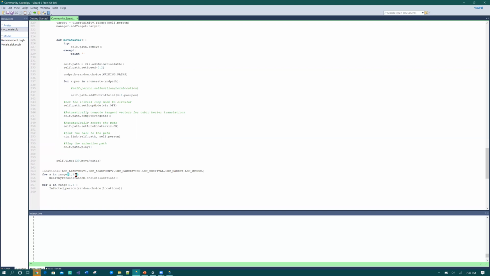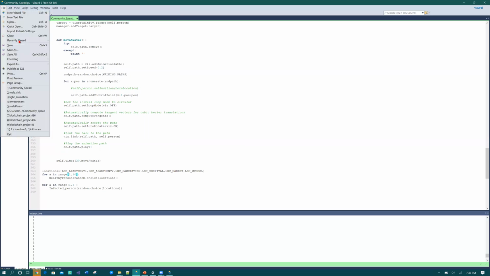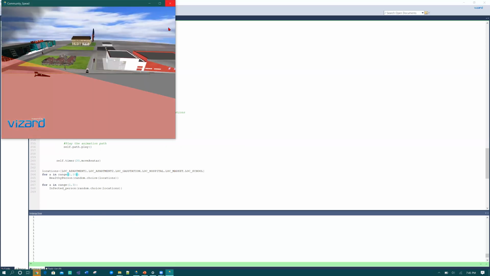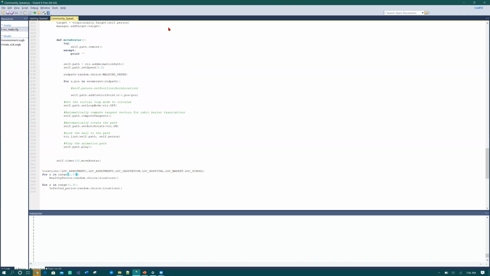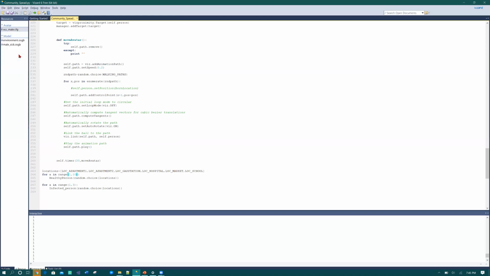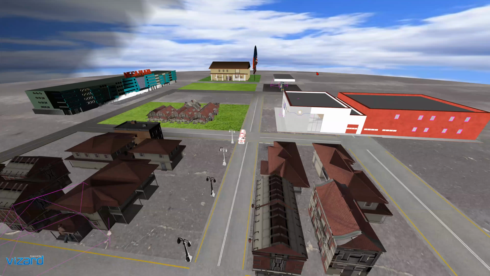I can change this to 10. Right now I have 10 avatars.